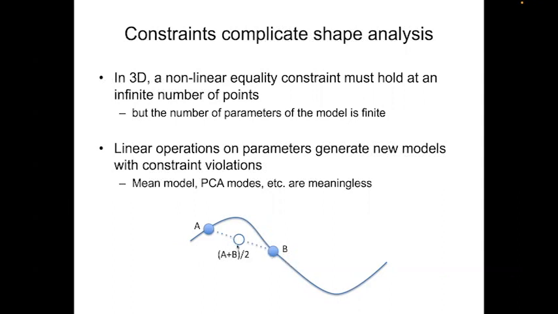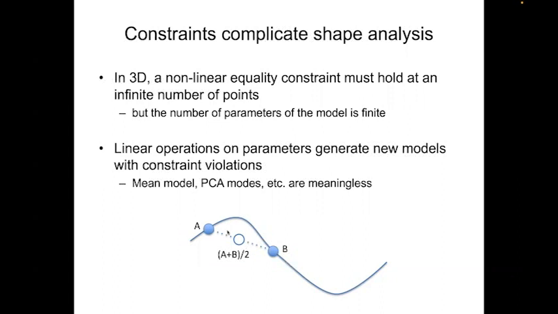And one way to do this is if we can find some kind of a map, a one-to-one and onto map between a space of parameters and the space of models that satisfy these constraints.